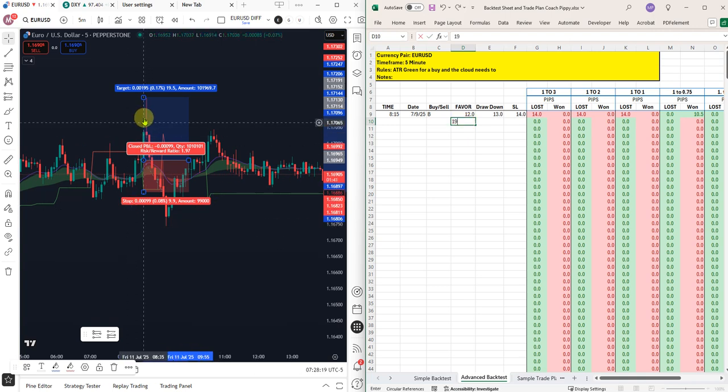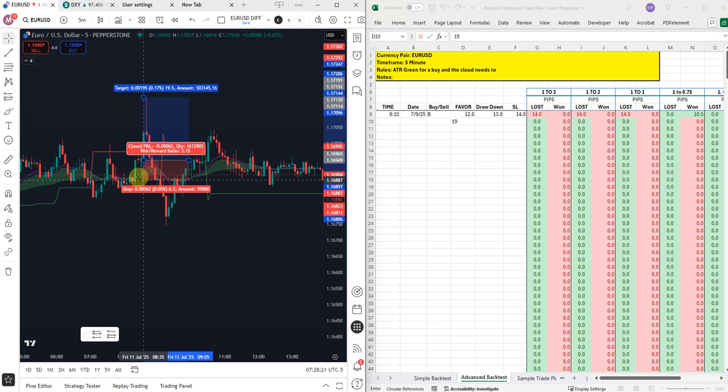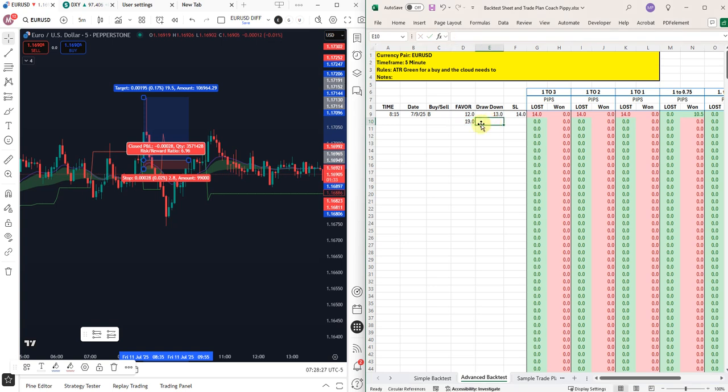Our drawdown before it went in our favor was about 3 pips. Put that here. Our stop loss was 10 pips. This was a buy. The date was 7/11. And the time was 8:35.